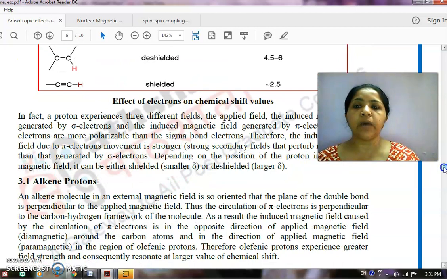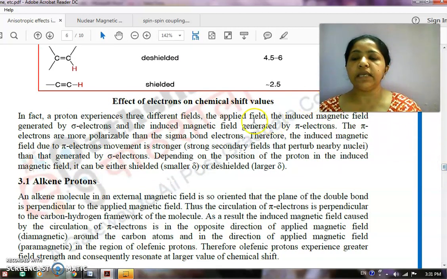Now, let us see how it can explain that part. In fact, a proton experiences three different fields: the applied field, the induced magnetic field generated by the sigma electrons, and the induced magnetic field generated by the pi electrons. The pi electrons are more polarizable than sigma bond electrons. That is one important difference between pi electrons and sigma electrons.